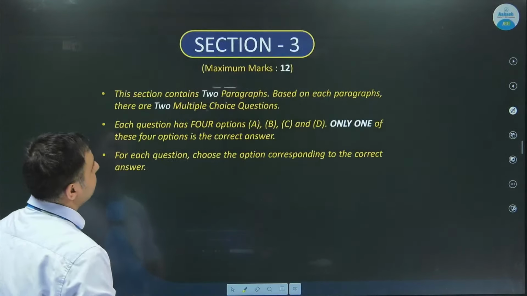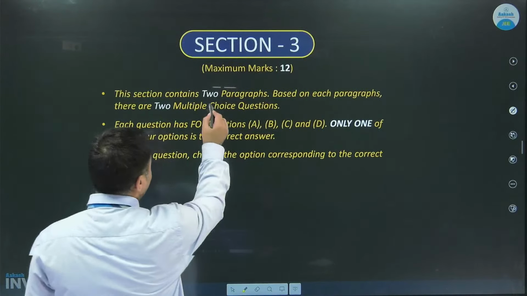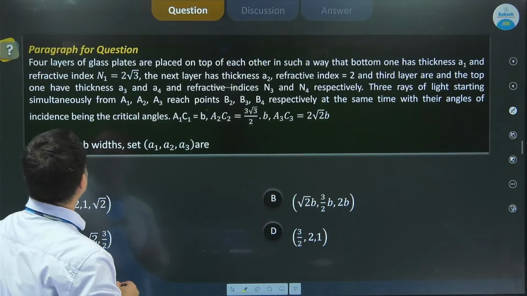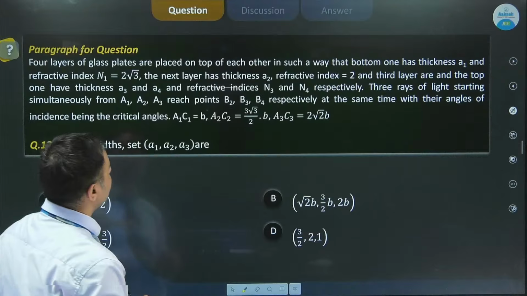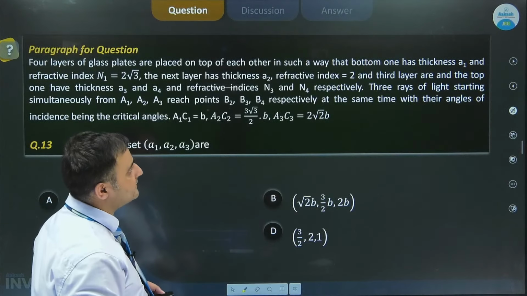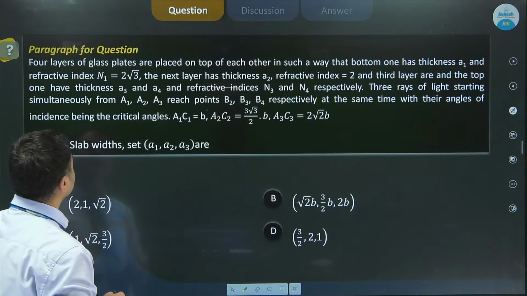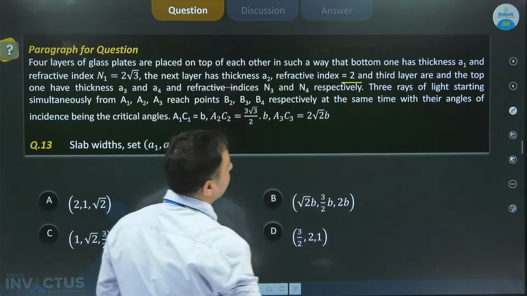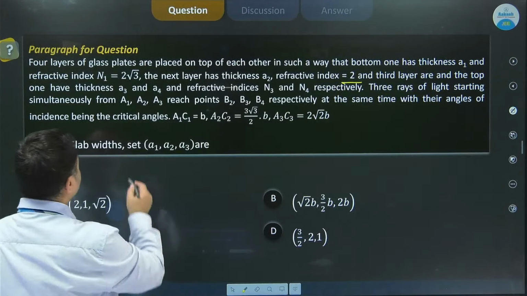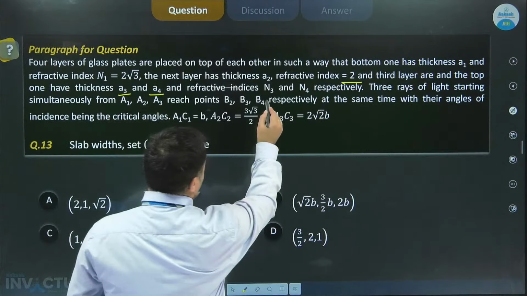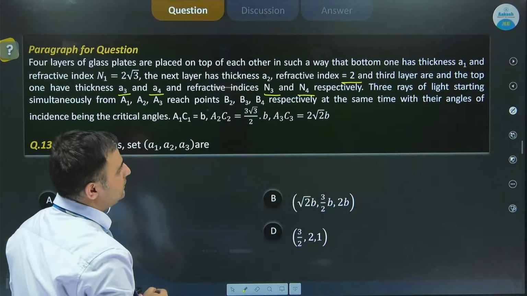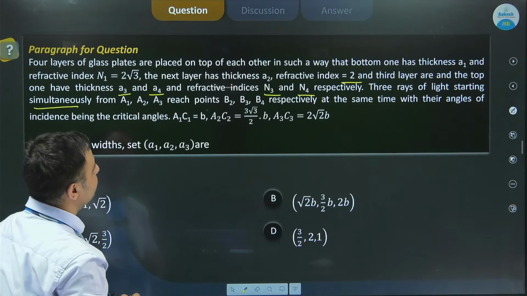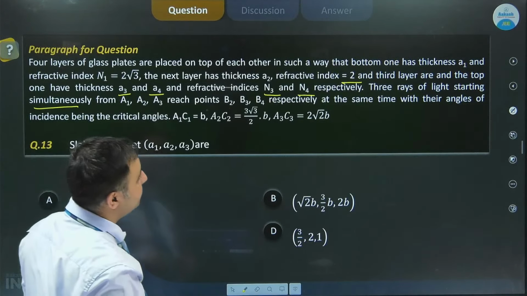This section contains 2 paragraphs, so only one option correct. 4 layers of glass plates are placed on top of each other in such a way that the bottom one has thickness A1 and refractive index N1, the next layer has thickness A2 and refractive index N2, and the third and top layers have thickness A3 and A4 and refractive indexes N3 and N4. 3 rays of light starting simultaneously from A1, A2, A3 reach B2, B3, B4 respectively at the same time, with their angle of incidence being the critical angle.